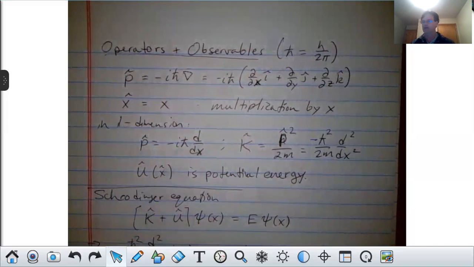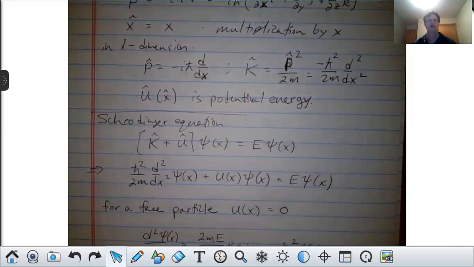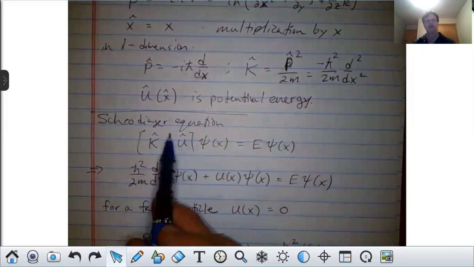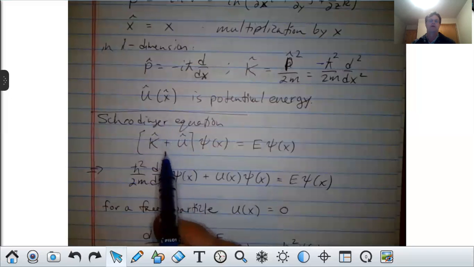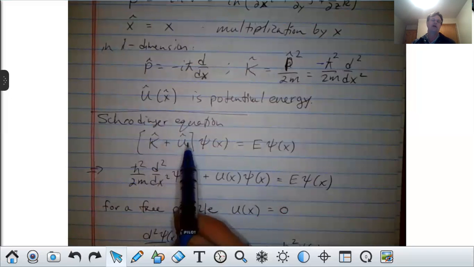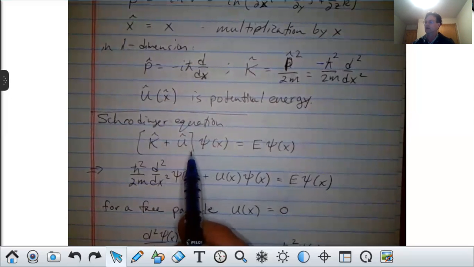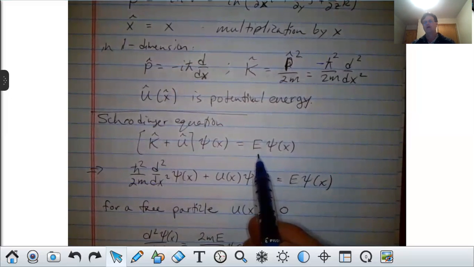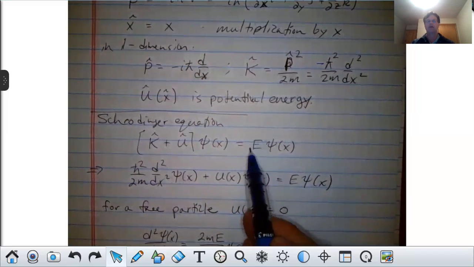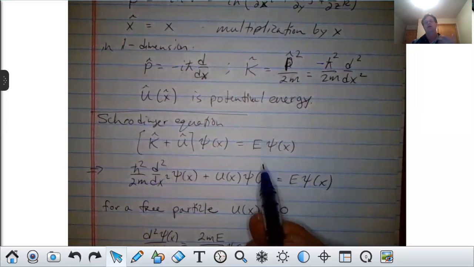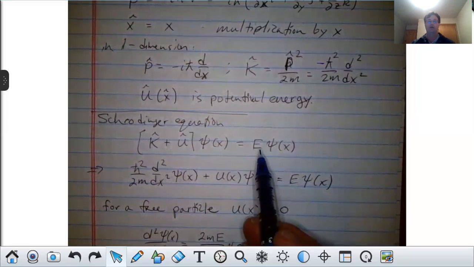In 1 dimension, for now, that's what we will do. The Schrodinger equation is kind of a total energy operator equation. If I take my total energy, kinetic plus potential, and operate on a wave function, it should return what are called eigenvalues, the possible energies that this electron could exist at, right, or this quantum particle.